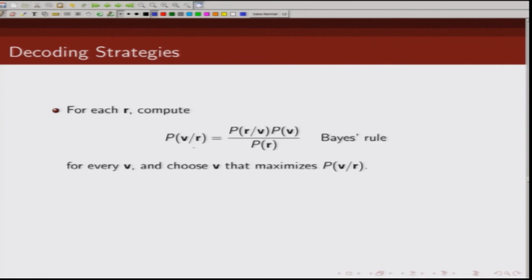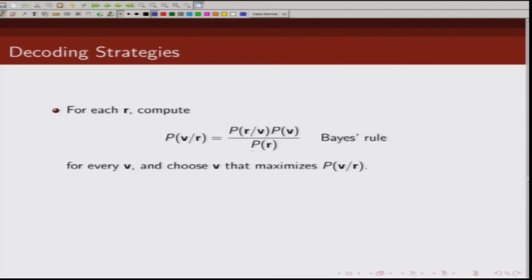Now, using Bayes' rule, we can write the probability of V given R as the probability of R given V multiplied by the probability of V, divided by the probability of R, and this has to be maximized over every V. So, we should choose our V such that this thing is maximized.